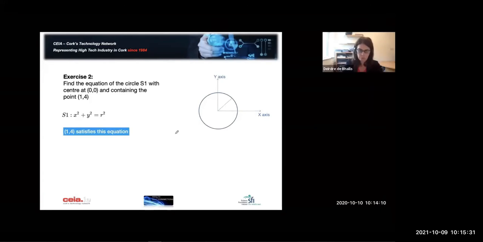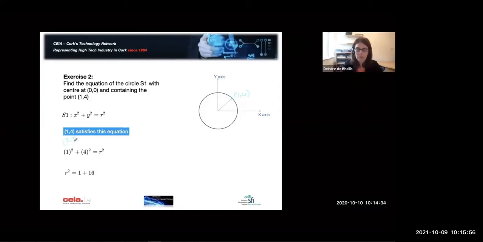And what it says is that the point 1, 4 is on the circle. Therefore, it must satisfy the equation of the circle. That means that we can insert 1 in place of x and 4 in place of y, and that will allow us to calculate the radius.